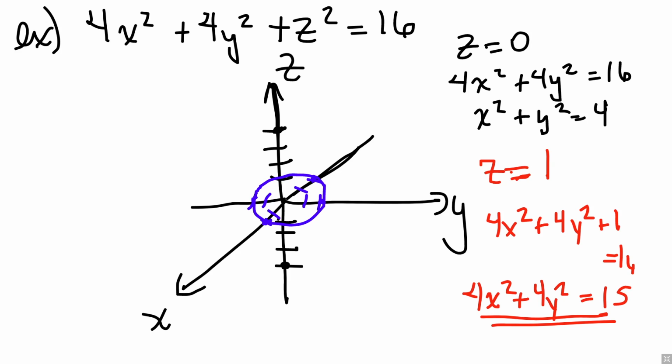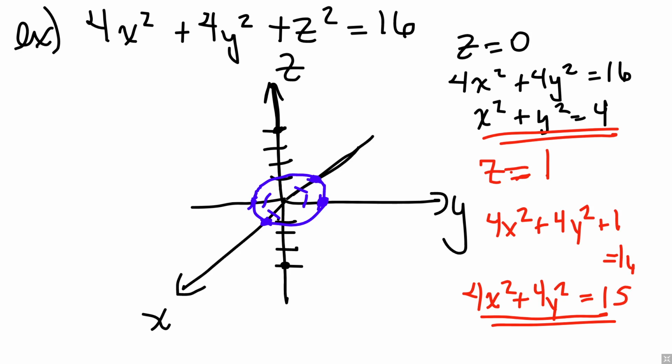Yeah, it's still going to be a circle, but is the radius going to be the same size as the previous one? Yeah, the radius is getting smaller. So as we keep going up, we're going to get smaller circles. Essentially we've got our endpoints marked on the x and y axis.